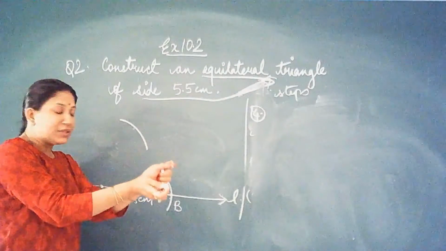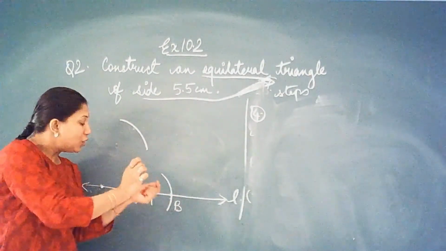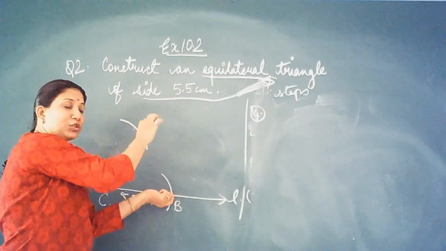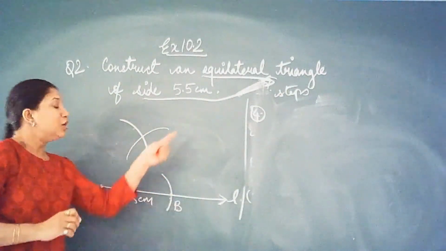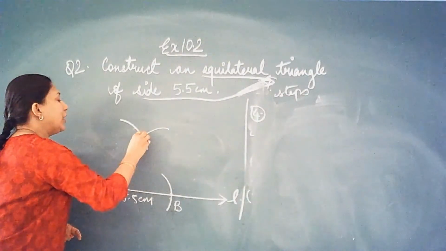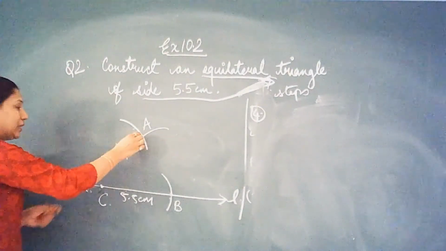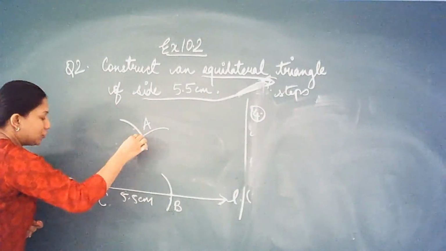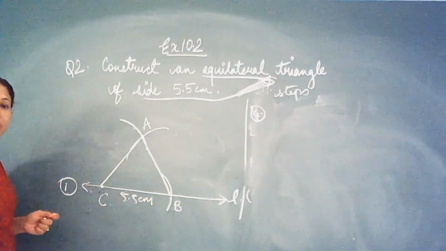When we say B as center, the arm with the needle will be placed at point B and keep it upwards, so the pencil part will be above the line, and just draw an arc. When you draw, you will see that this arc gets cut. Here you get the point of intersection. This will be your point A, and then place your ruler, adjust the two points properly on the ruler and draw a line.